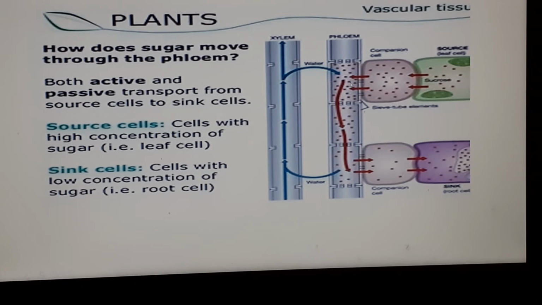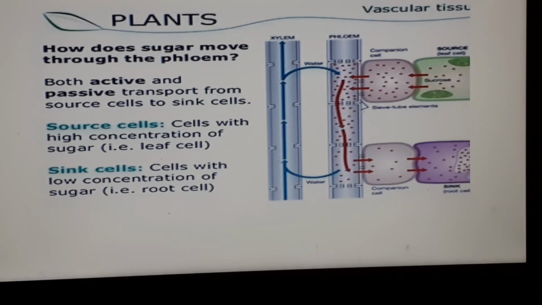So at that time, because of the difference in concentration and energy level over there, the water molecules come from the xylem to this one. Then diffusion and other processes take place.